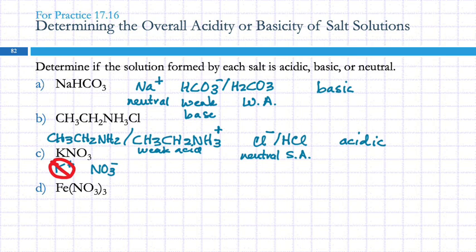Well, what about NO3 minus? What's that related to? HNO3. Strong acid? Yeah. This is strong. Because that is strong, this can't do anything. So will this solution be acidic, basic, or neutral? Neutral.